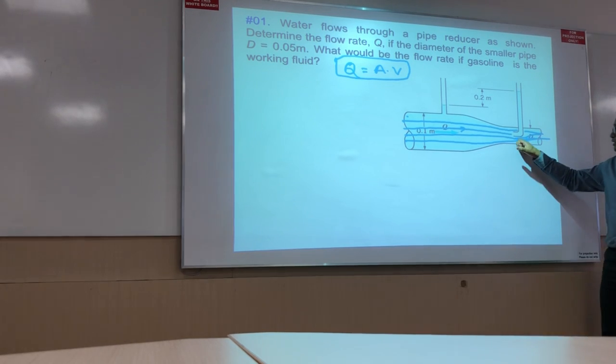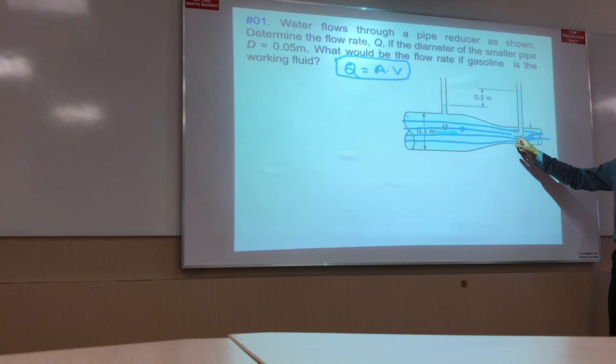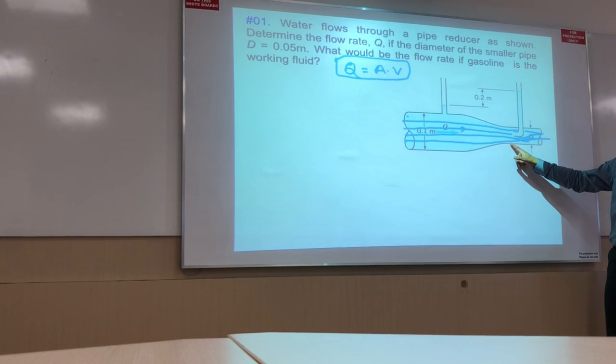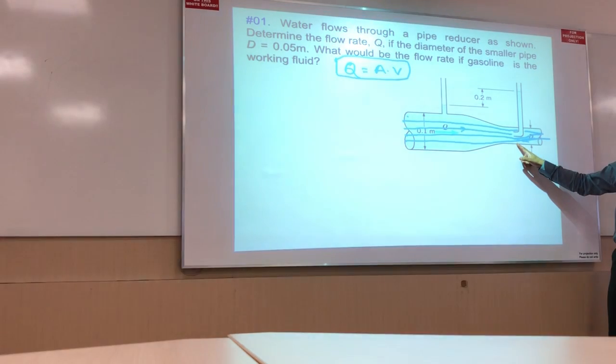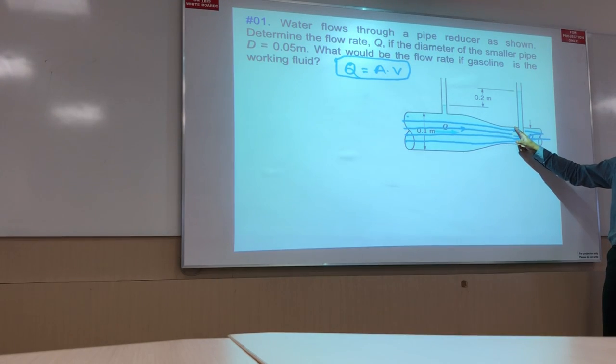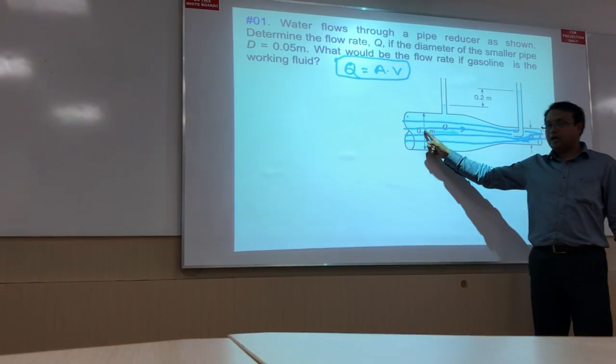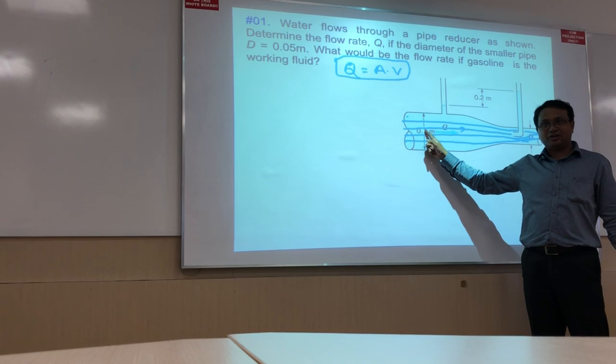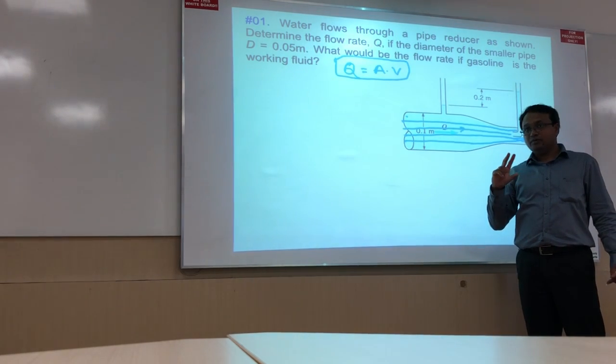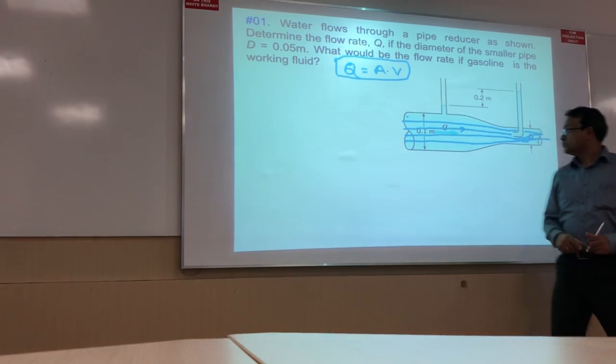But if I choose this point, not so nice. If I choose that point, I can, but it's quite complicated, because at that point I do not know the velocity. At that point, I also do not know the velocity. I need to find the value of velocity, which is important.